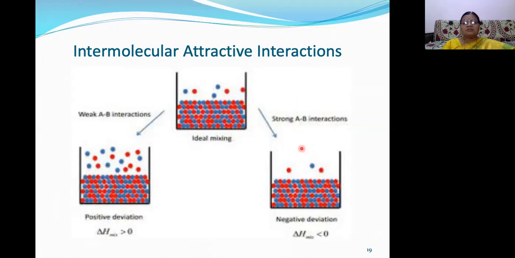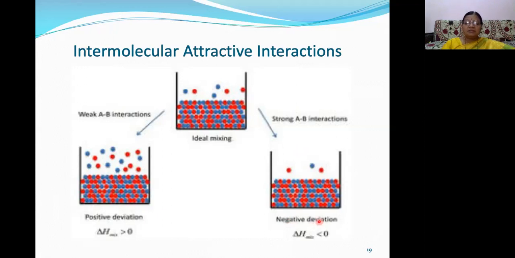Such a non-ideal solution has lower vapor pressure as compared to the vapor pressure of pure components, and therefore such a non-ideal solution shows negative deviation from Raoult's law.